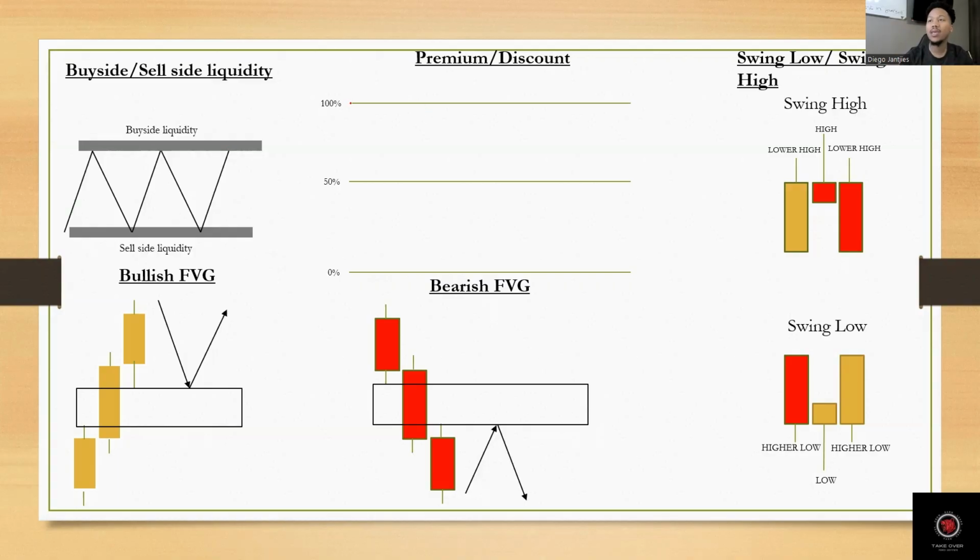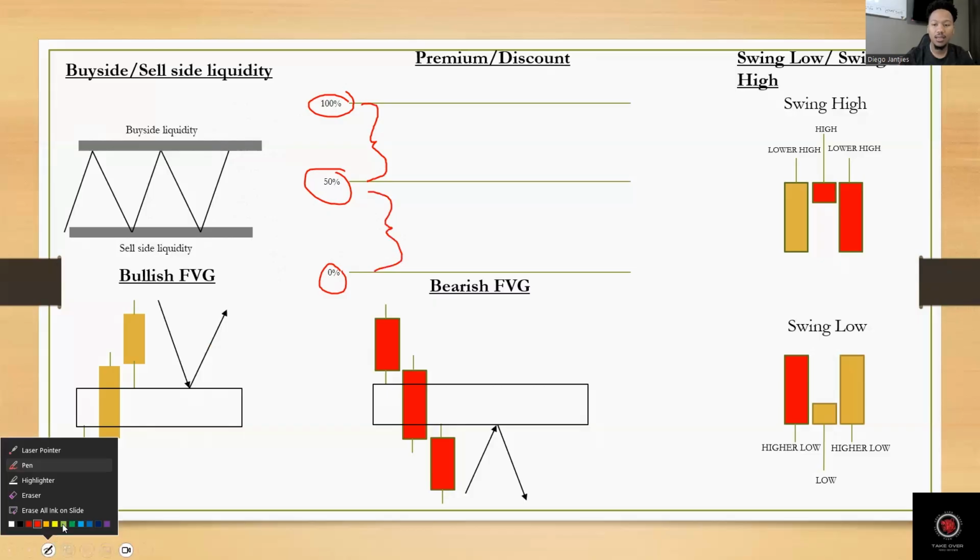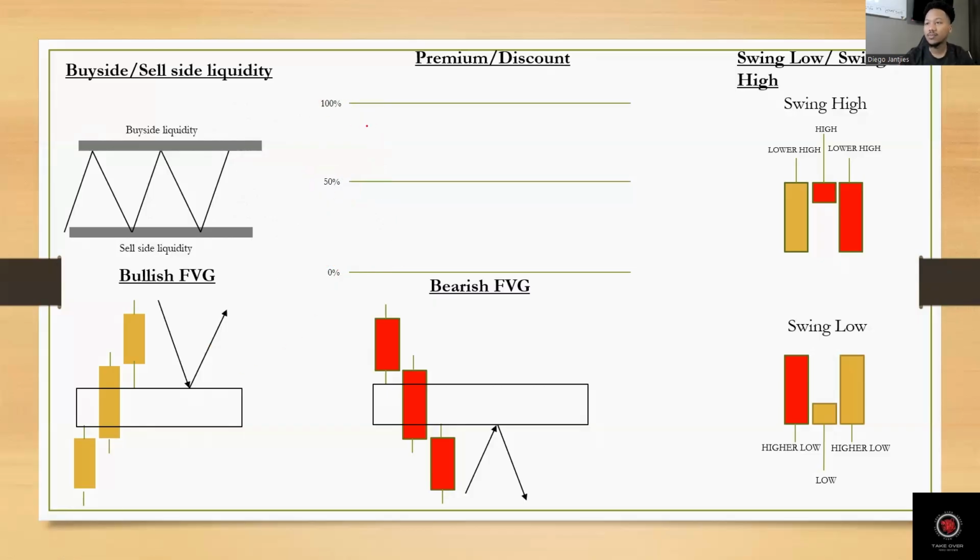Now, a premium area will be everything in between your 100 and your 50 percentage. So everything inside this region right there is your premium area, and everything below this will be your discounted area. Okay, now like I mentioned, if price is coming from a premium area, guess what?